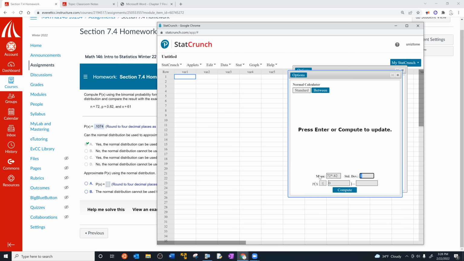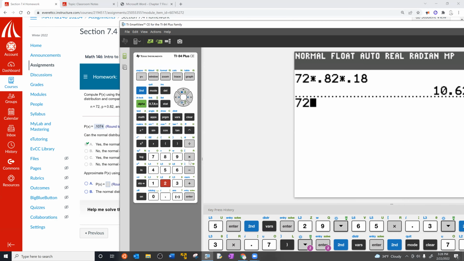The standard deviation is the square root of, it's probably going to be helpful if I actually did the calculations on the calculator and then plug them in. So the mean is 72 times 0.82. So I'm going to put 59.04 for my mean.